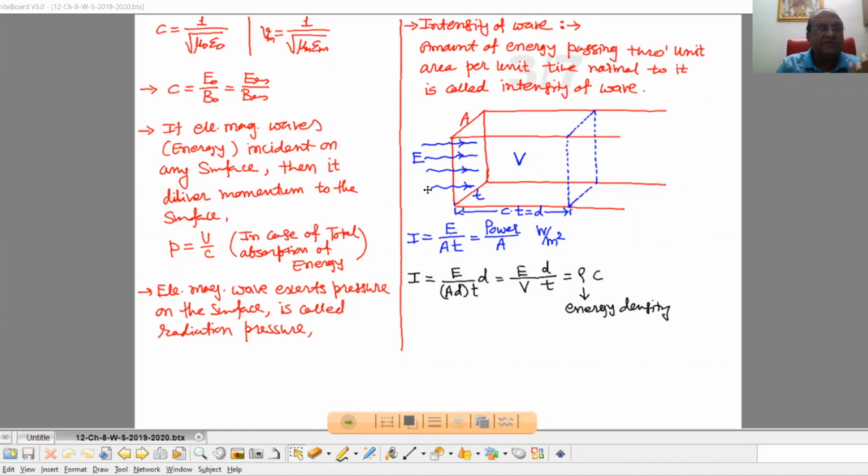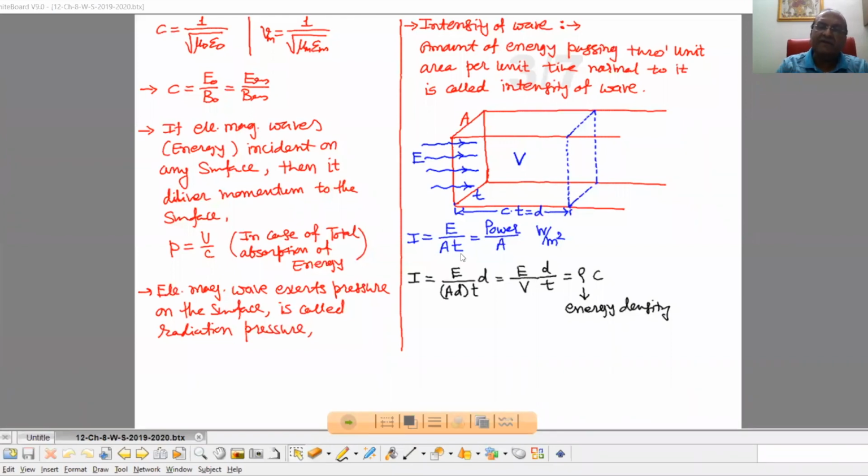Now, as per the definition, the energy incident per unit area per unit time perpendicular to it is called intensity. So here we can write the equation of intensity: the total energy passing through the surface, E, divided by the total area, so we get energy per unit area.